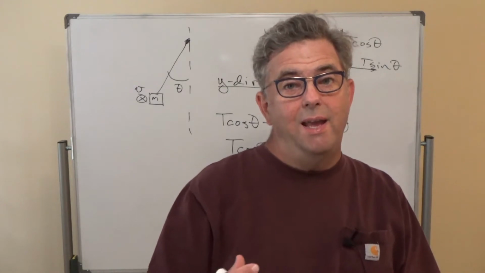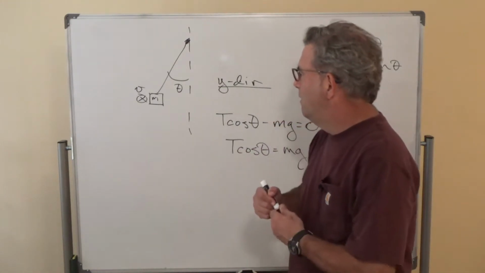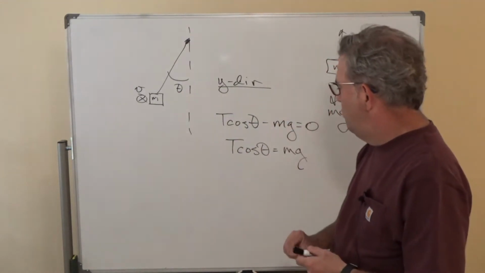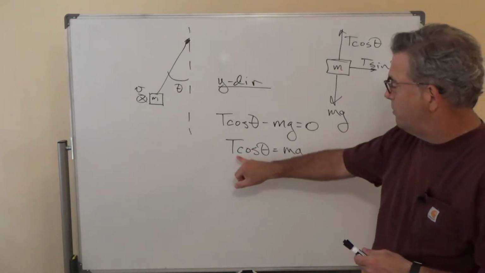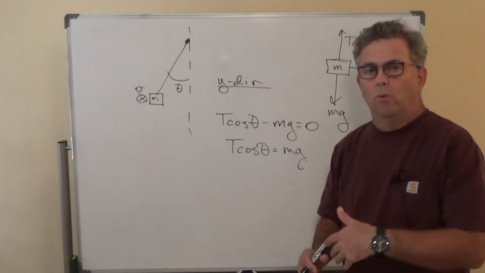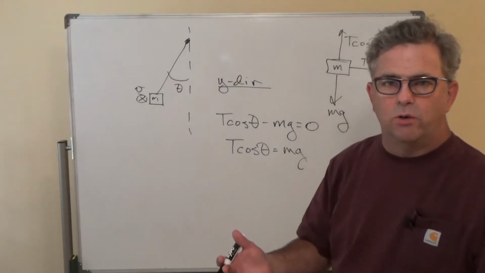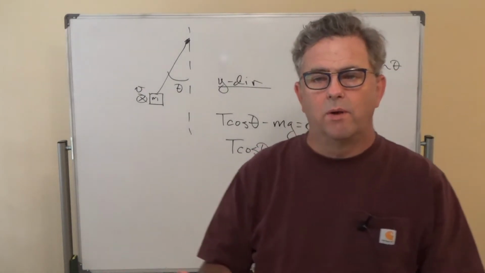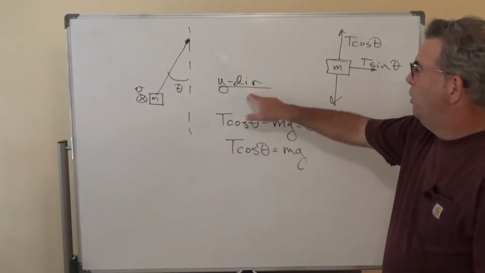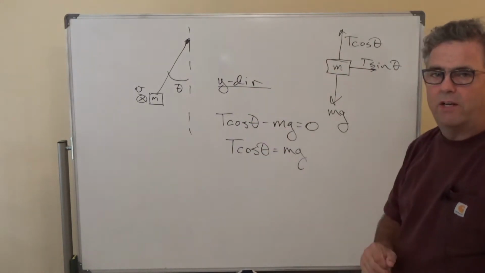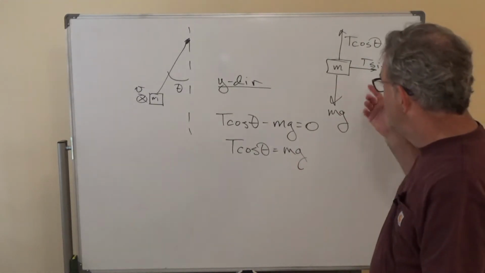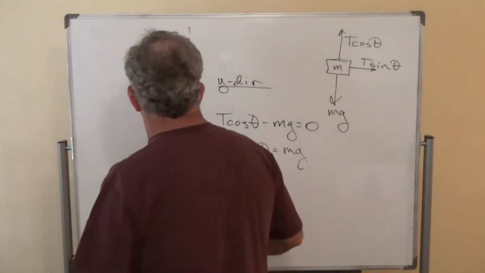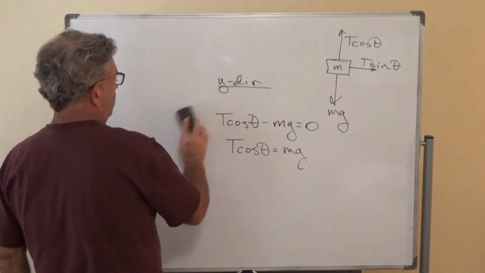You'll be given an angle, possibly an angle and the mass, and by knowing the angle and the mass, you can solve for the tension. Just like doing a two-dimensional projectile problem, okay? You're going to look at something in that y direction, maybe solve something in that direction, and then use that information to solve for the centripetal direction.